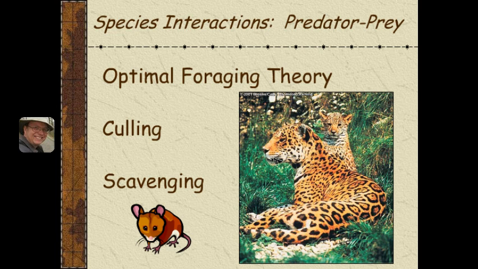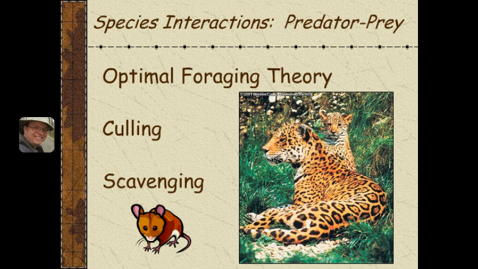However, predators perform a very important function in the ecosystem. One of the effects of predators on prey populations is something called culling. The predators cull the prey populations by removing the weak, the injured, the diseased, the old. They are removing individuals from the population that are probably using resources, food or whatnot, but are not necessarily contributing to the population, usually in terms of reproduction.